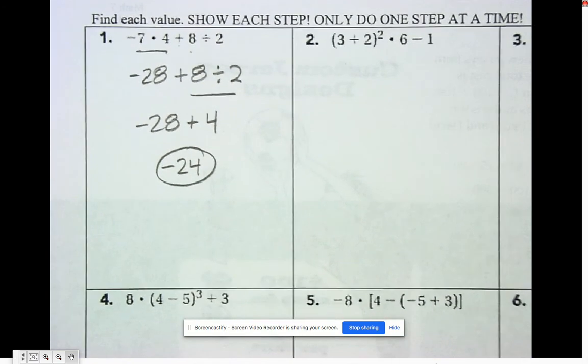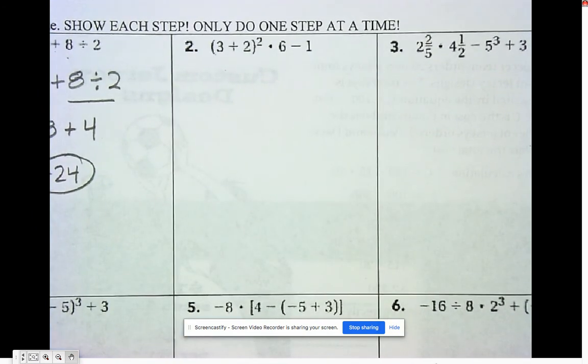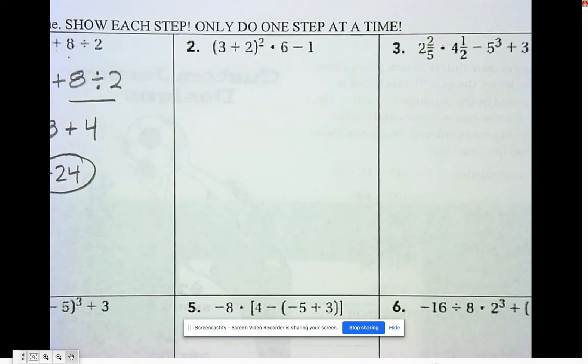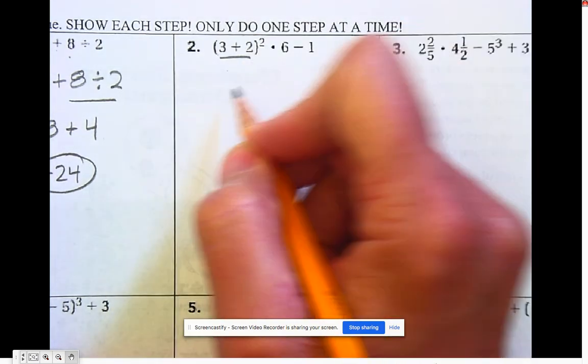Okay, now I want you to go ahead and try number 2. One step at a time. Okay, how'd you do? I'm going to do my addition first.